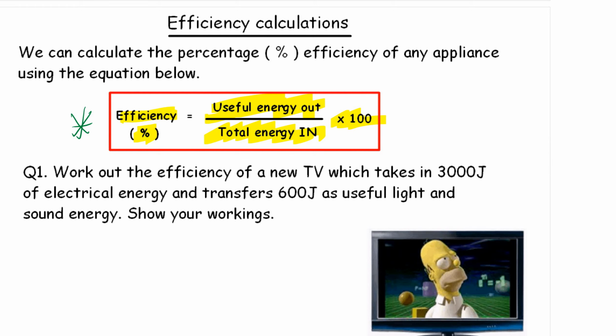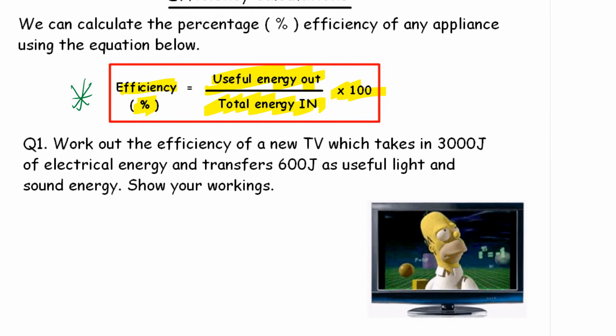So, work out the efficiency of the new TV, which takes in 3,000 joules of electric energy and transfers 600 joules out as light and heat. Show your workings. I wonder if you could do this before me, so you can pause the video.